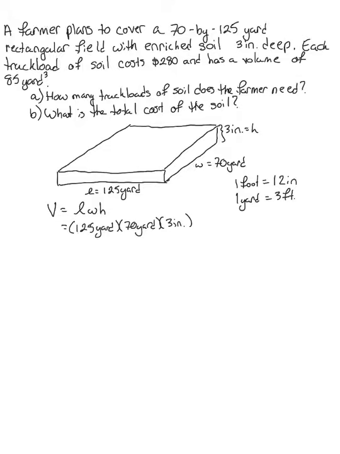So we can do that on the right hand side here. So 3 inches is going to be, we're going to put the foot on top, 1 foot, over the 12 inches. And we're going to have the 1 yard over the 3 feet.